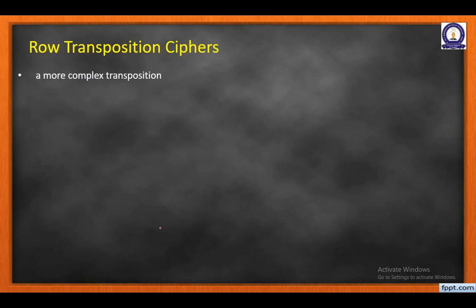Now the row transposition cipher. We are moving ahead to a more complex transposition, because even if it sounds simple that we are rearranging the letters, we have to make sure that the attacker or hacker is not able to find my plain text. So I will find certain ways to increase the complexity.